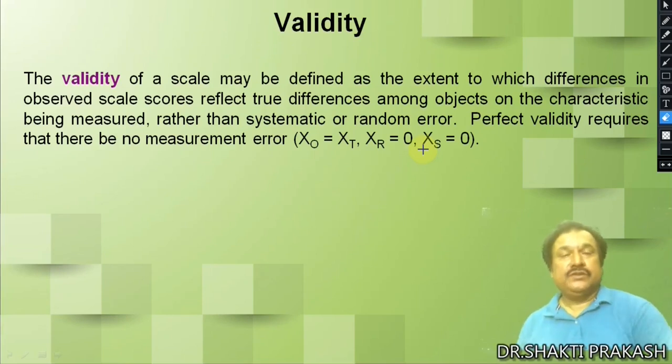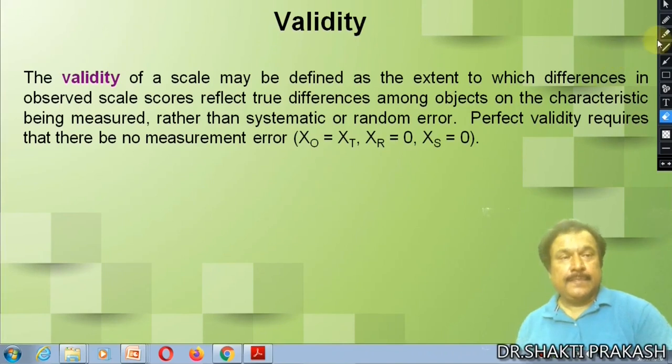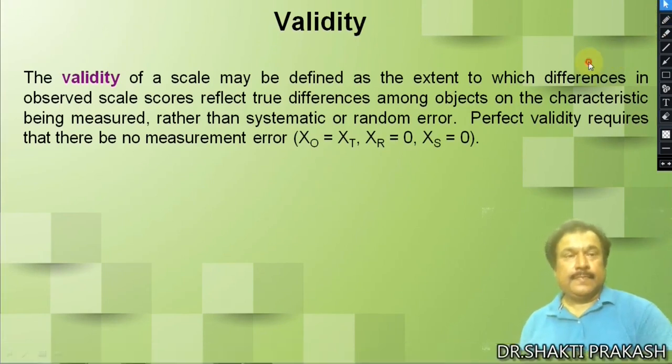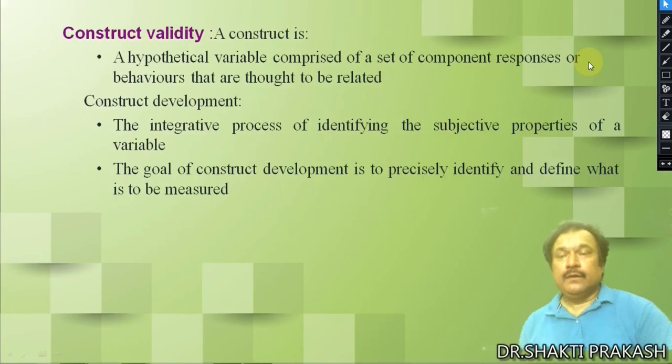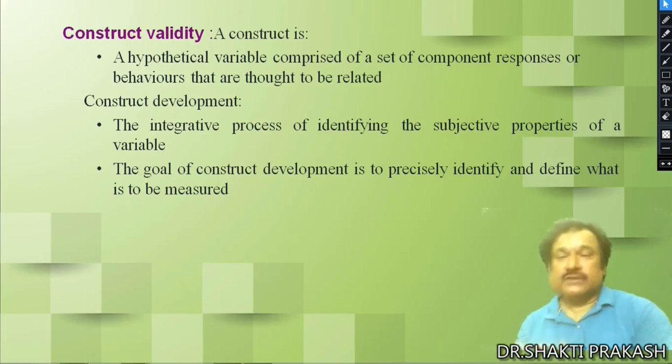Okay, so this is your validity, and now we come to the next slide. Construct validity. Construct validity is divided into three parts, which we will discuss later in the next slide. What is construct validity?